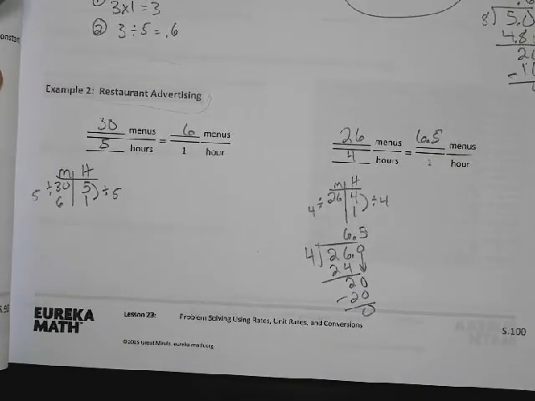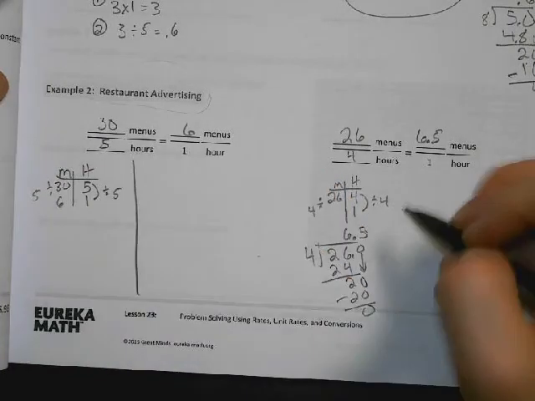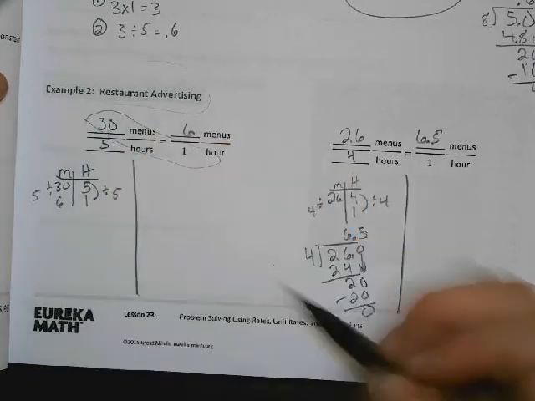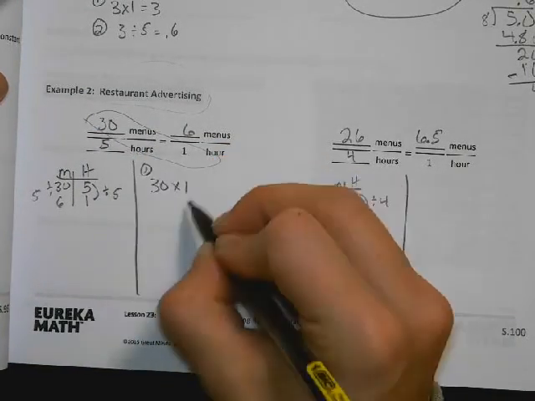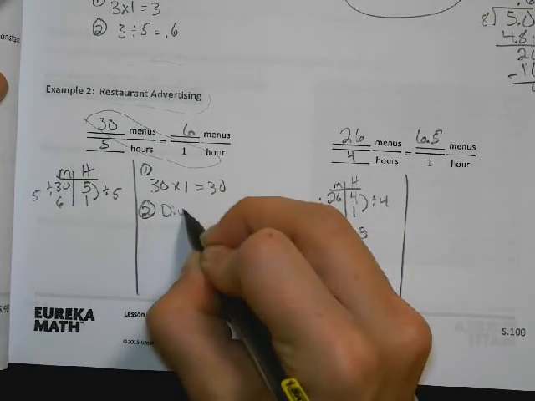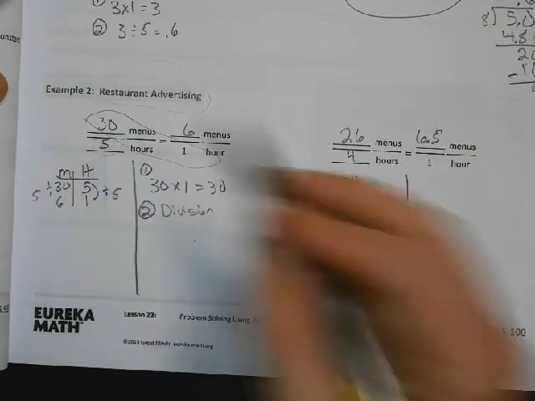If you want to do the proportions, you just do your cross multiply. So I'm just going to split this in half. You're going to cross multiply. That's a 30 times 1 gives you 30. My second step is my division, which would be 5, the only thing left over.